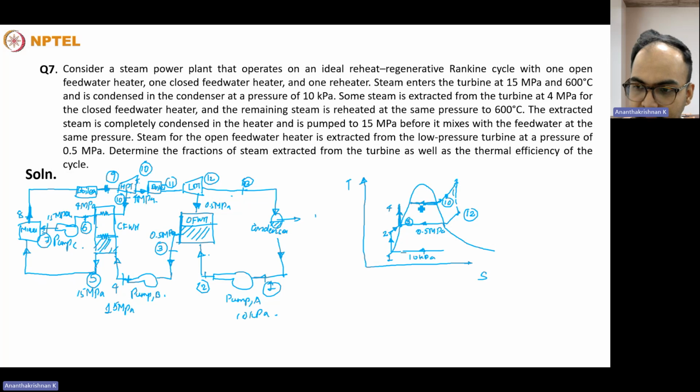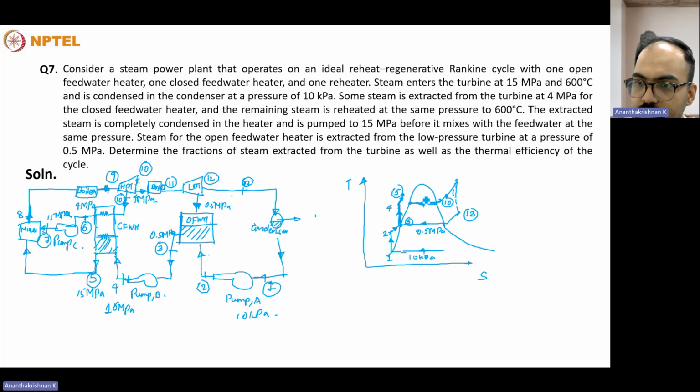From there, a portion of the steam will be bled and will be heating up the pumped fluid, which is at 15 megapascal. Because of that, the pumped fluid will be increasing its temperature and reaching state point 5, and this will be condensing and will be reaching state point 6, this particular point.